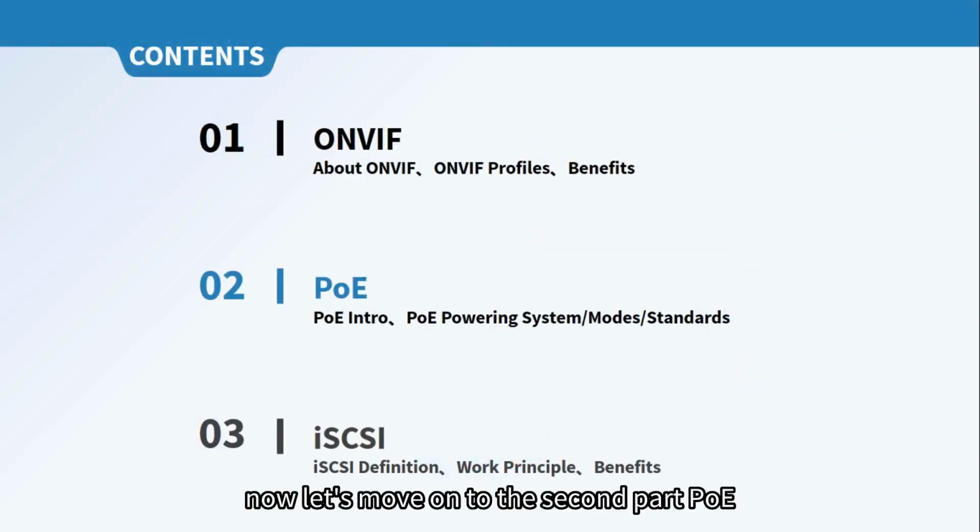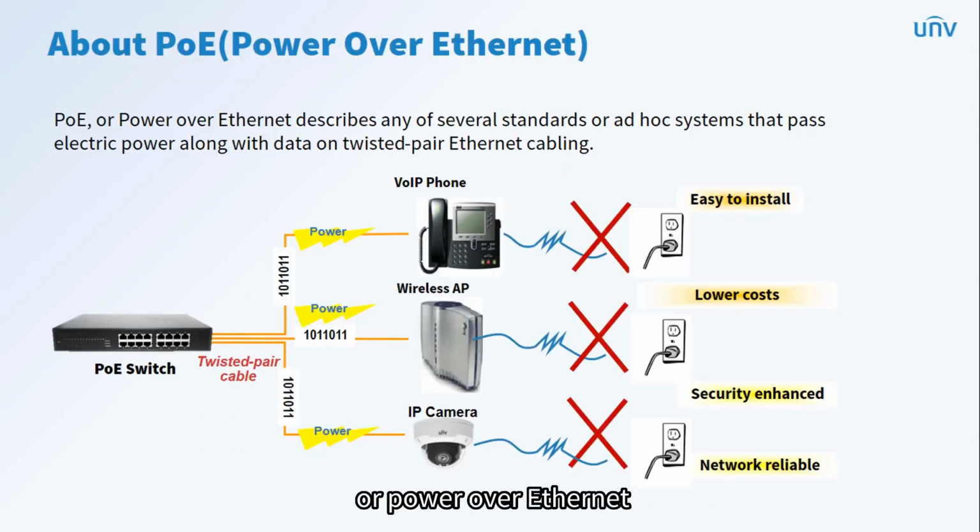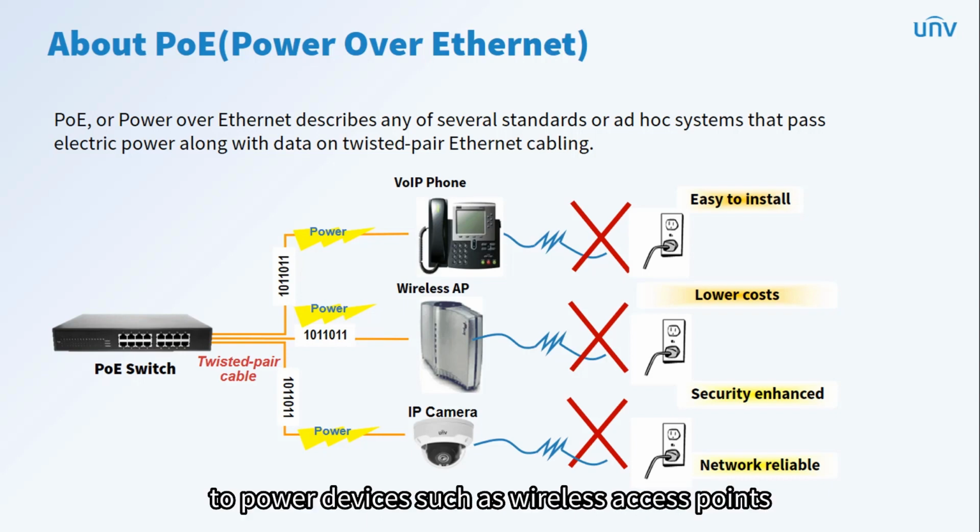Now let's move on to the second part, PoE. PoE, or Power over Ethernet, describes any of several standards or ad hoc systems that pass electric power along with data on twisted pair Ethernet cabling. This allows a single cable to provide both a data connection and enough electricity to power devices such as wireless access points, Internet Protocol cameras, and Voice over Internet Protocol phones.